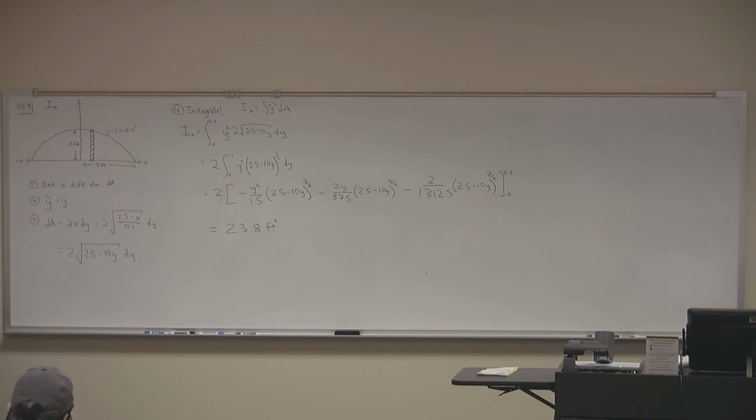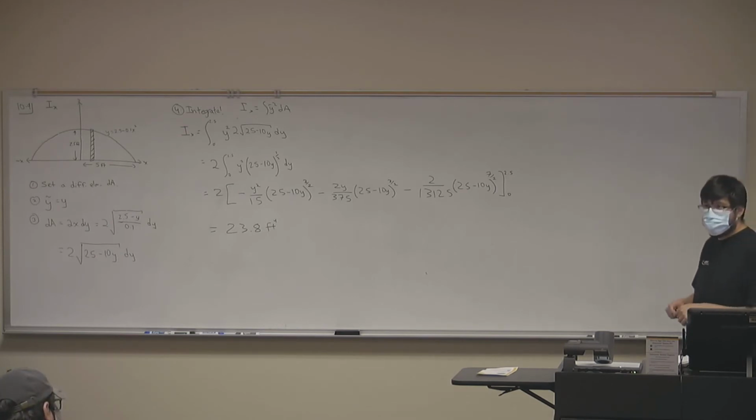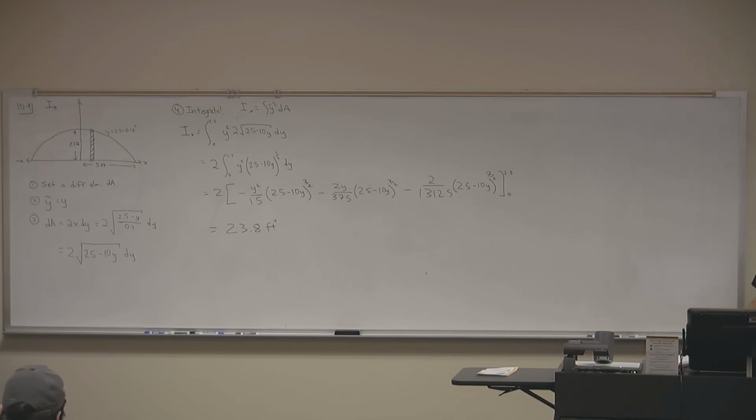Okay. Now, if we were to use the parallel axis theorem, then we would find the moment of inertia about an axis that passes through the centroid of my shape. Is that correct? Because does the parallel axis theorem require us to find the moment of inertia about the centroid of the shape? I believe so. Okay, good.